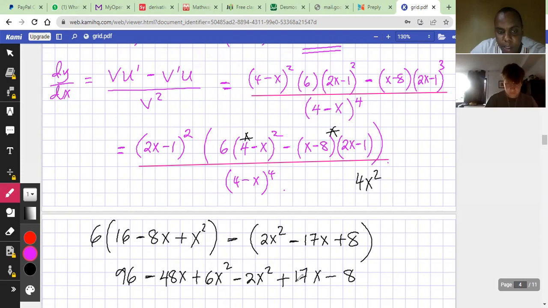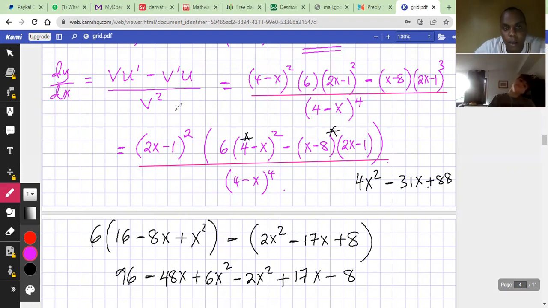And then what is 17 minus 48? 17 minus 48 is negative 31, so that is 4x squared minus 31x. And then next we have 96 minus 8, which would be 88. Plus 88.